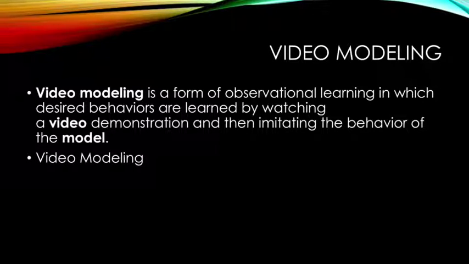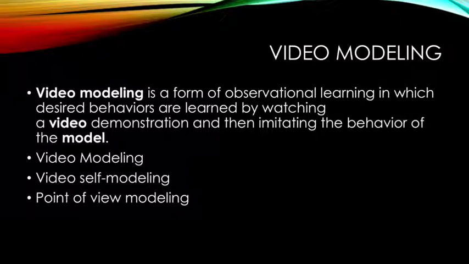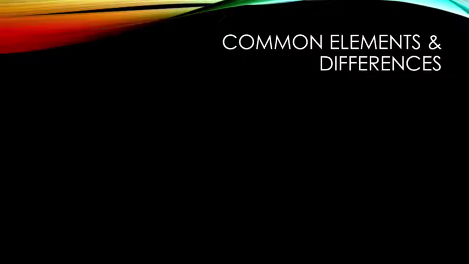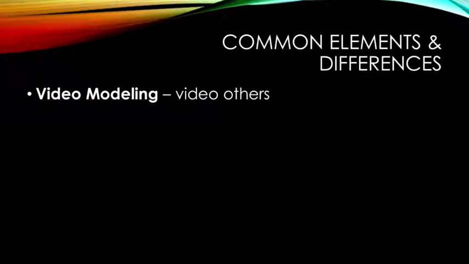There's video modeling, video self-modeling, point of view modeling, and video prompting. Let's look at these. Each of these approaches have some common elements and some distinct differences. Video modeling is when we are videoing other people doing the activity.